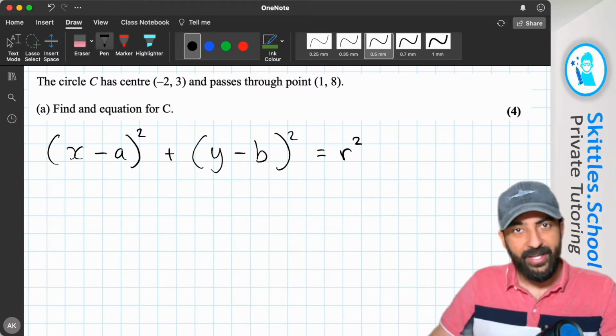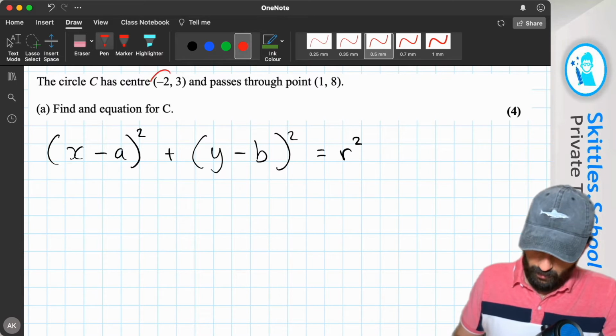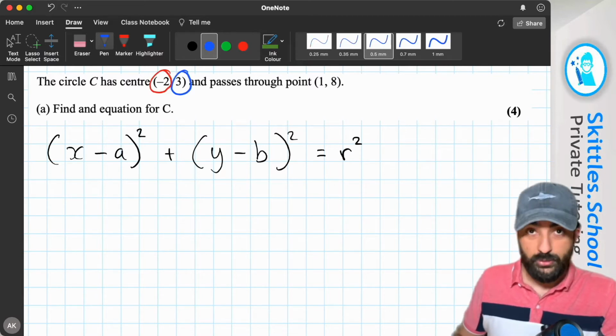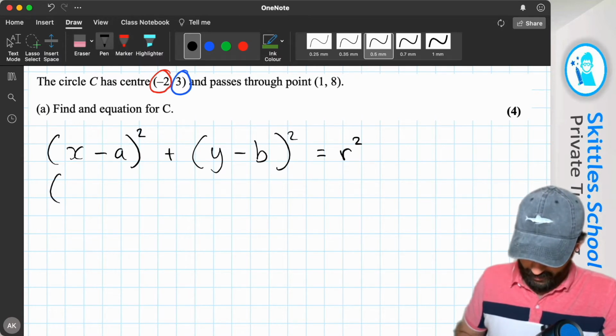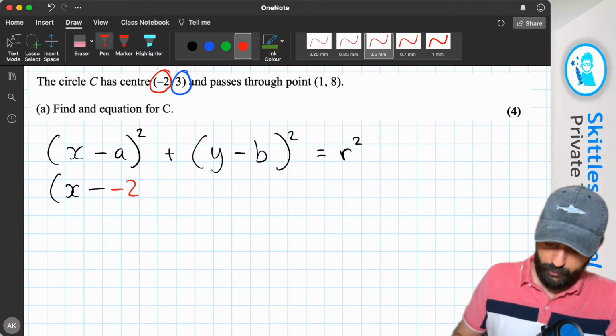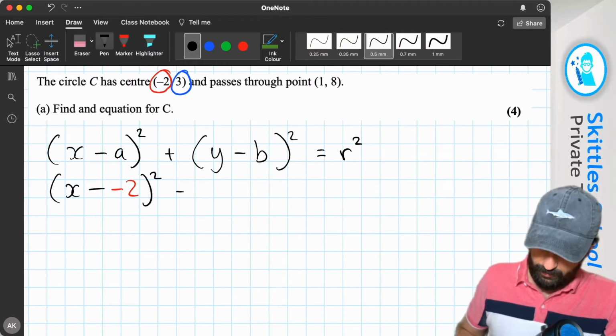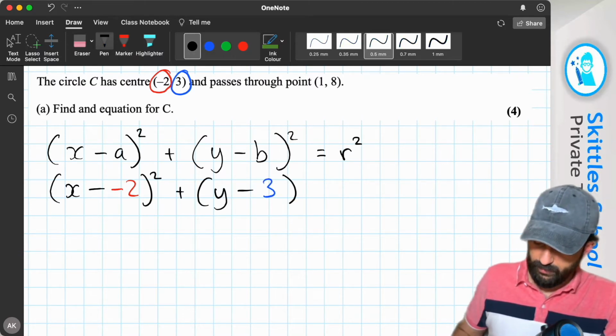Now a and b are the x and y coordinates of the center. So a and b are those two numbers. Let's substitute them in. So (x - -2) squared plus (y - 3) squared equals the radius squared.